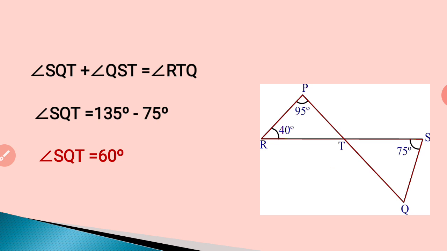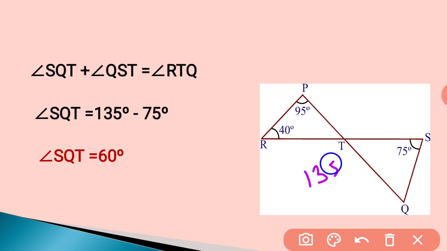Now in this case we have again used exterior angle property. Here we have already found out the value of angle RTQ as 135 degrees. So let us focus on triangle TQS, and if I extend ST, I get an exterior angle, that is angle RTQ.